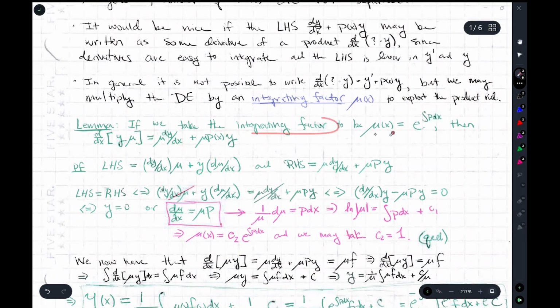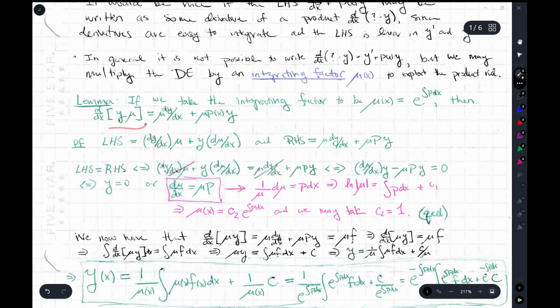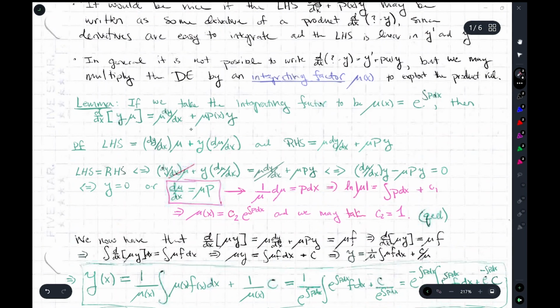If we take the integrating factor to be this, then d/dx of y mu is equal to mu dy/dx plus mu p(x) y. So we can't write the left-hand side as a derivative of a product, but we can write this expression as a derivative of a product if we choose mu to be that.